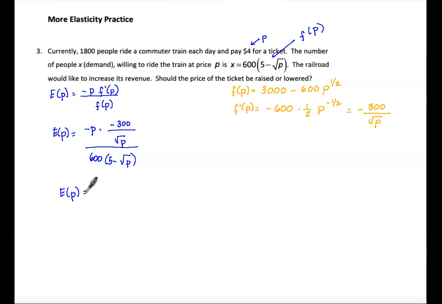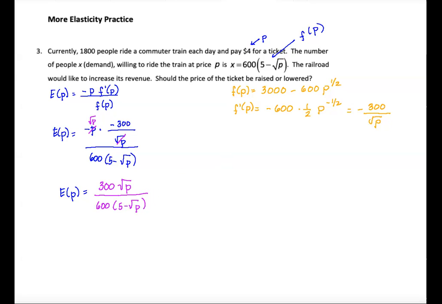Let's use some algebra. The negatives cancel and become positive. And remember, when you divide P by square root of P, you subtract the exponents. So that becomes 300 times square root of P, because this P cancels out with this, and that becomes square root of P, or P raised to 1/2, over our denominator, 600 times (5 minus square root of P).